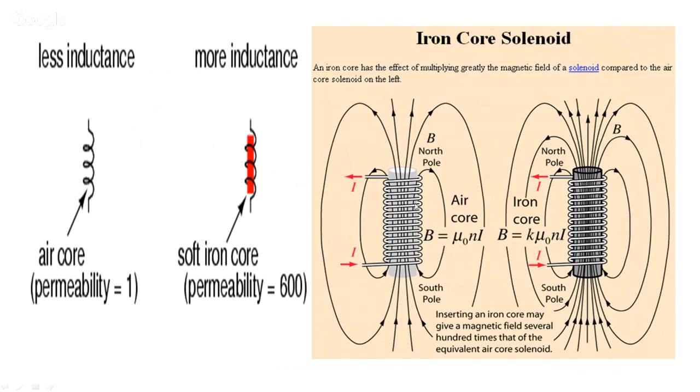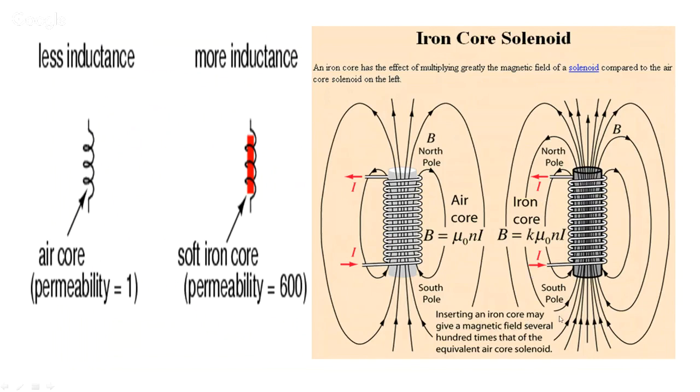Here is another picture where you can see this. This is the air core. Observe the lines of force. It is lesser. That means the amount of magnetic field created around the coil is lesser.